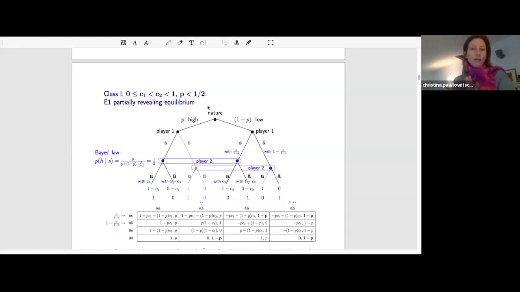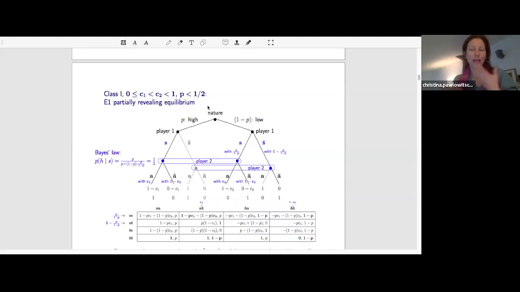So for the moment, I look at the case where the prior probability on the high type is below 1/2, and this is below the value where player 2 would accept. In other words, the prior probability on the high type of player 1 is so low that without the signal, player 2 would not accept.